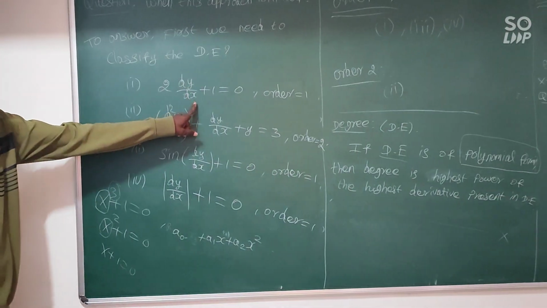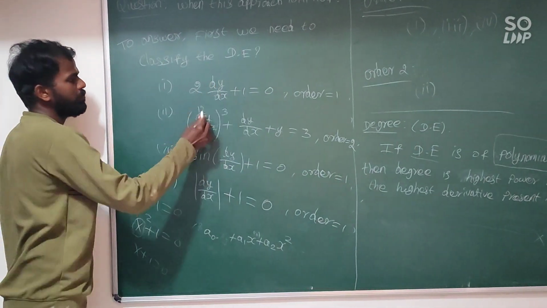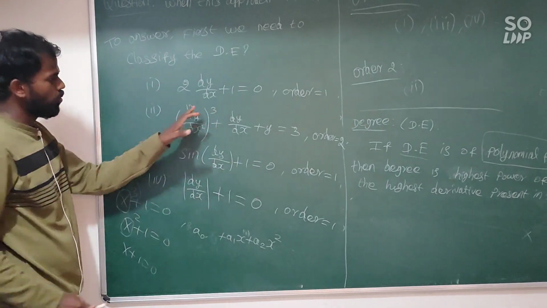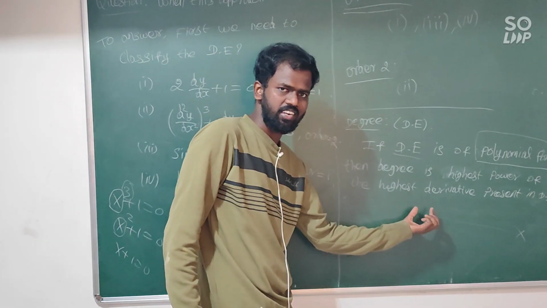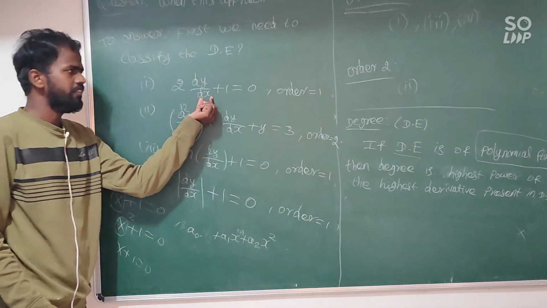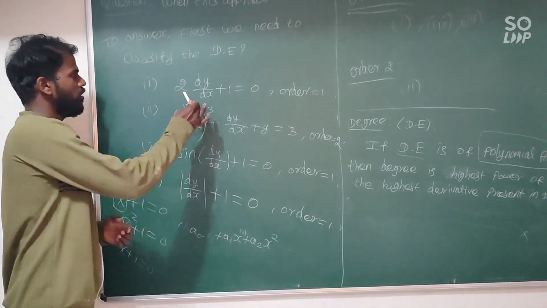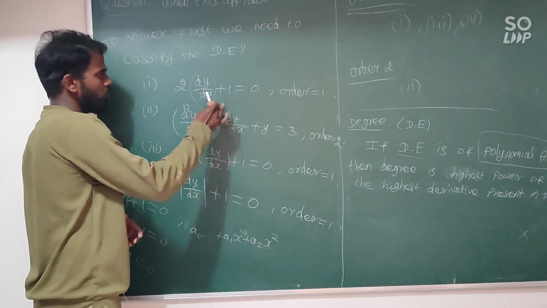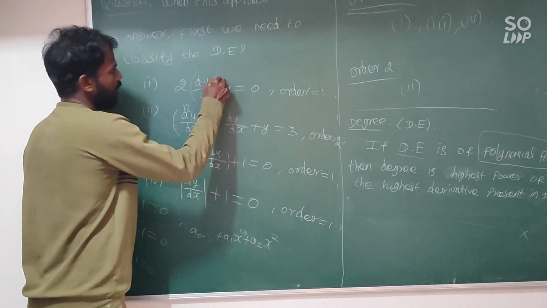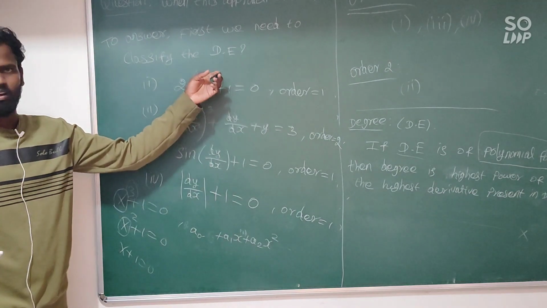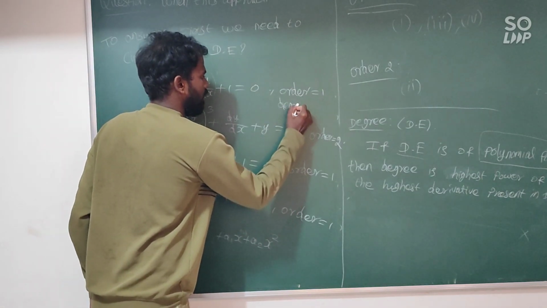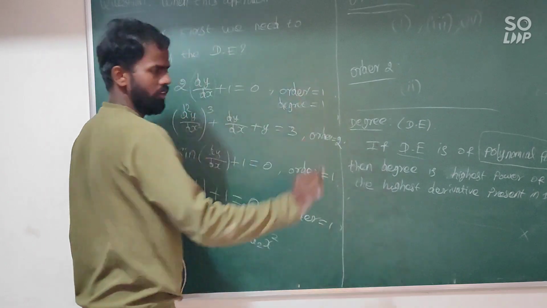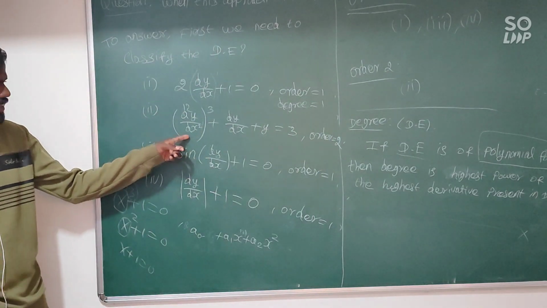For example, if you put some x instead of this, it should look like a polynomial. First, you find the highest derivative present in the differential equation. So here the highest derivative is dy by dx. There is no other option here. So what is the highest power? Only 1. So that means for this one, the degree is 1.